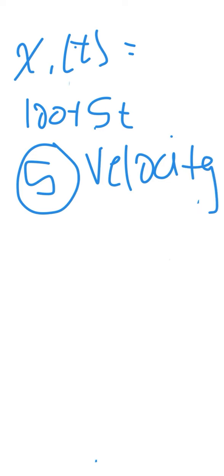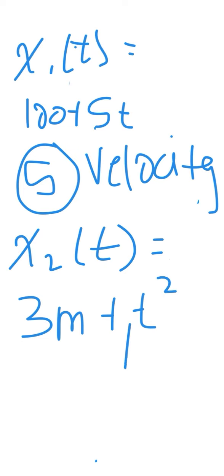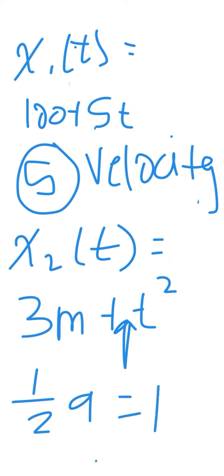And then we have to find the velocity in x2, the t squared equation. And this velocity is here. So there we know that we have a 1/2 a, and this is equal to 1.